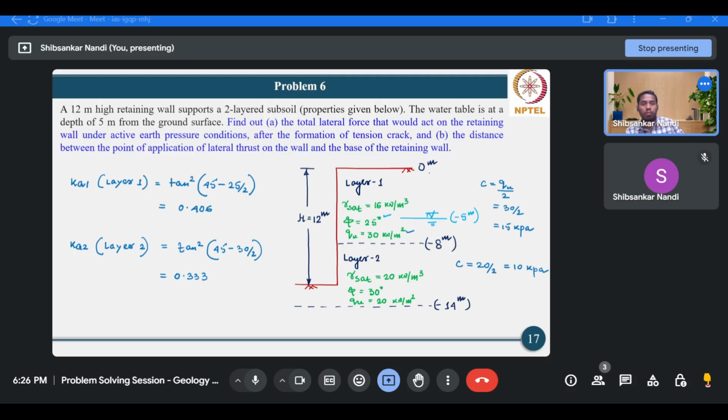Suppose this height is your h1, and this is your h2.